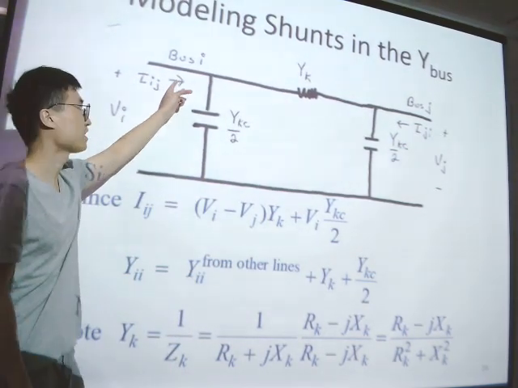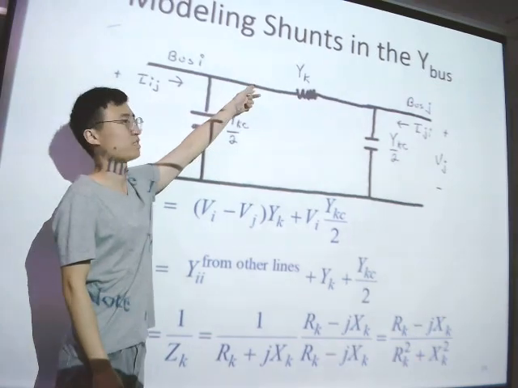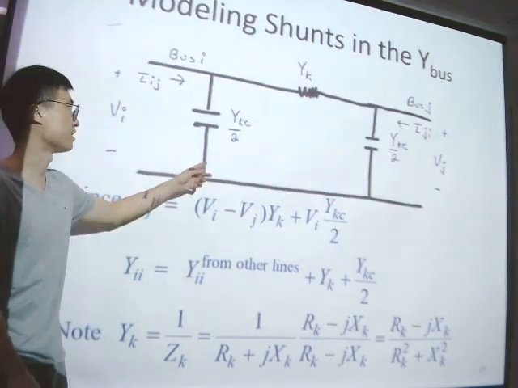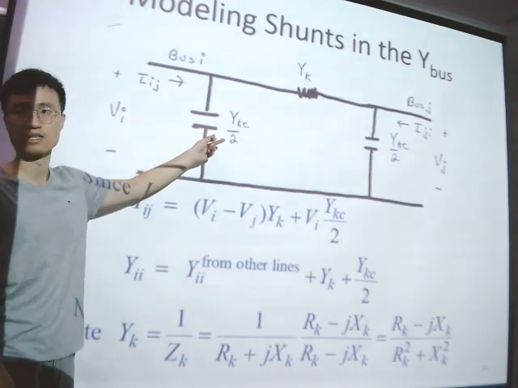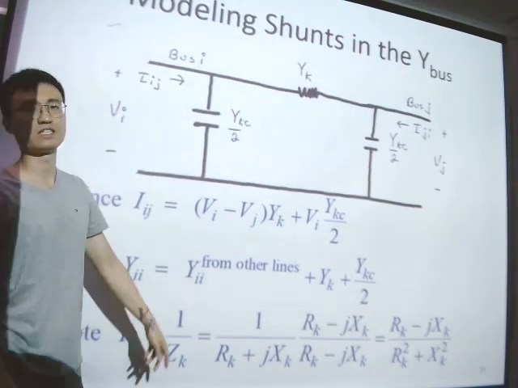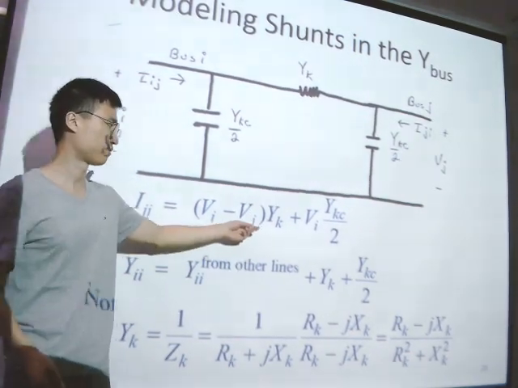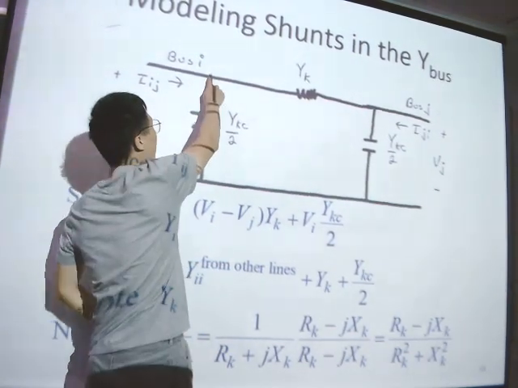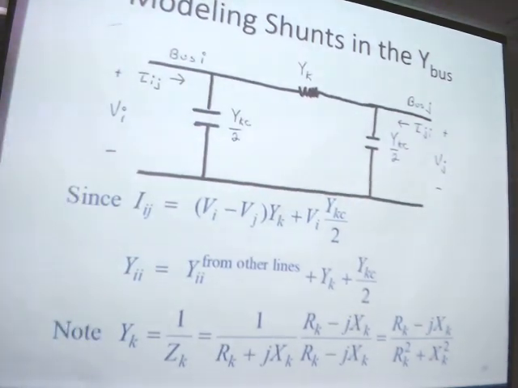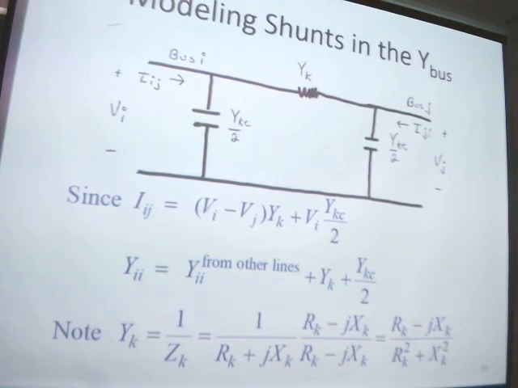The current is divided into two parts: one part goes through the Yk here, and one goes through the capacitors here, right? The first part is the difference of the voltage. This is the voltage drop across Yk.